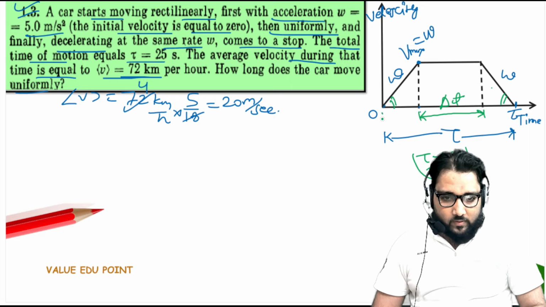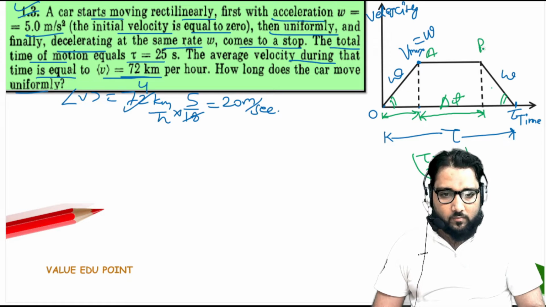So the time to cover from here to here, we can number O A B C. From O to A, that time will be tau minus delta t by 2. Again, this time same, tau minus delta t by 2. Is it okay, guys?